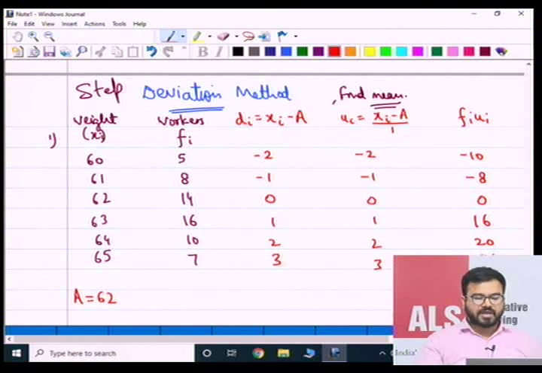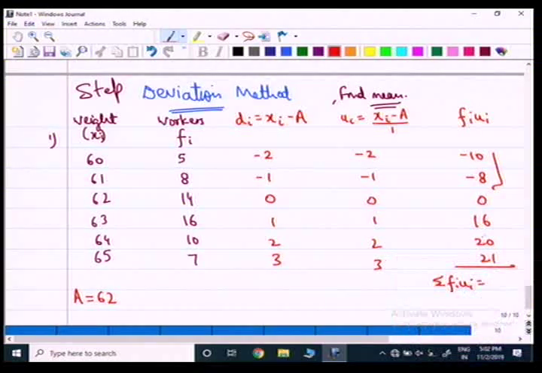If we add all of them, sigma Fi Ui, this is minus 18 and 16, minus 2. This is 18 and 21, 39. So we are getting the sum as 39.